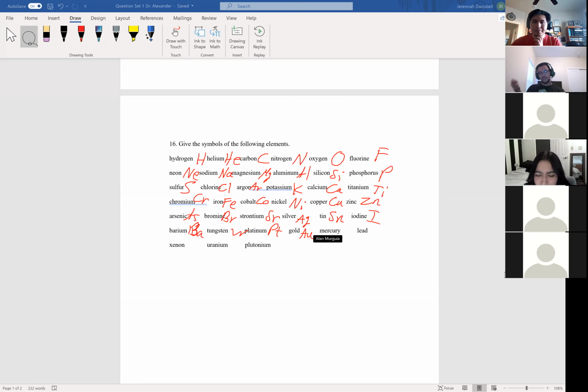Mercury? Hg. Lead? Pb. And xenon? Xe. Uranium? U. And finally, plutonium. Pu. Yeah, perfect. I know it kind of seems redundant, but it is very important to get good practice of memorizing your symbols once you start working with them.